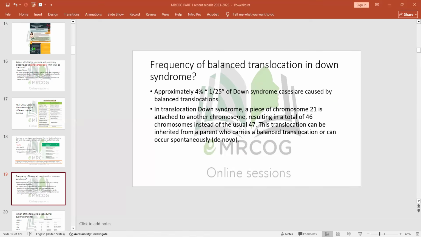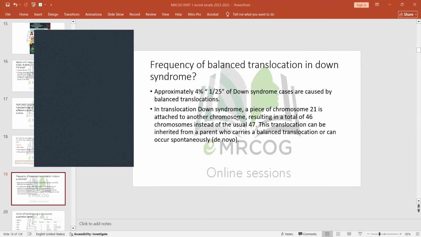Do you remember the percentage of non-disjunction in cases of Down syndrome? This is by far the most common one, about 94 or 96, if I remember well, up to 96. In some literature, 98 also. So if we get the average, about 94%, 95.